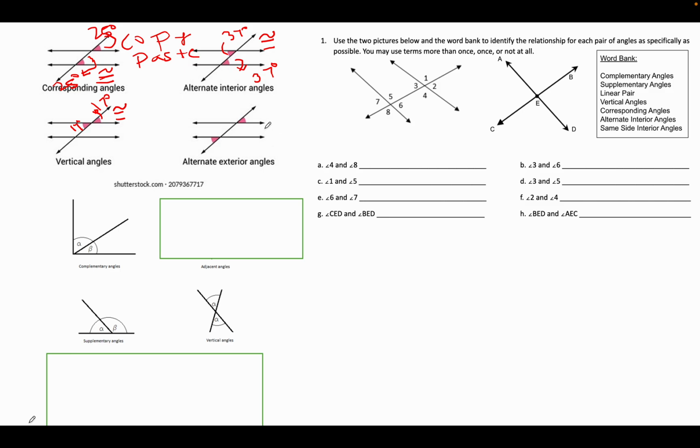Alternate exterior angles are also congruent. So again, if this was 55 degrees, this guy would be 55 degrees. Complementary angles add up to 90.